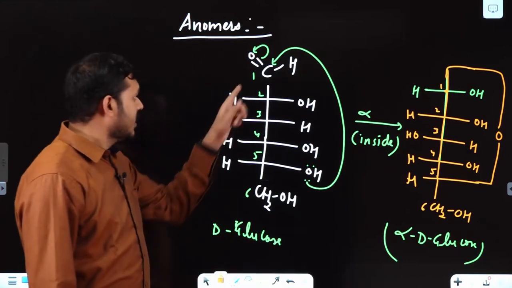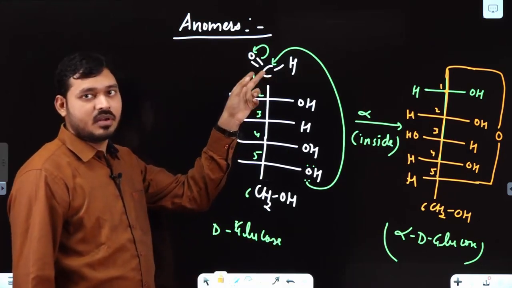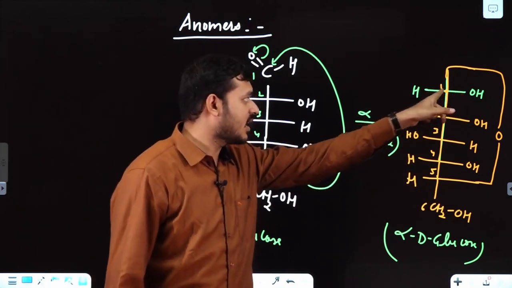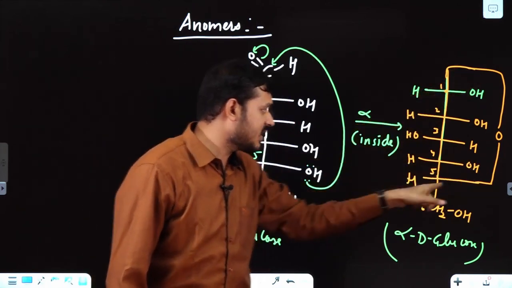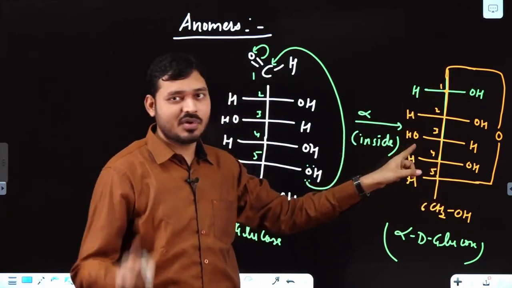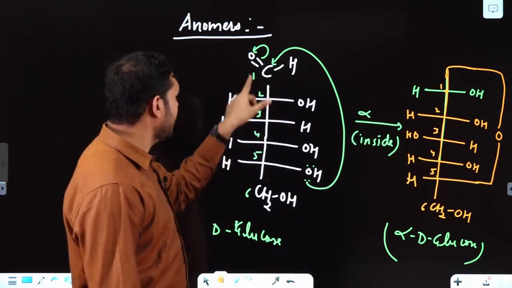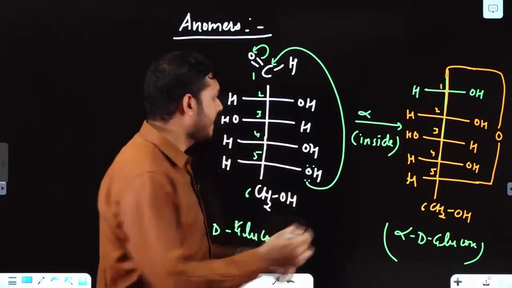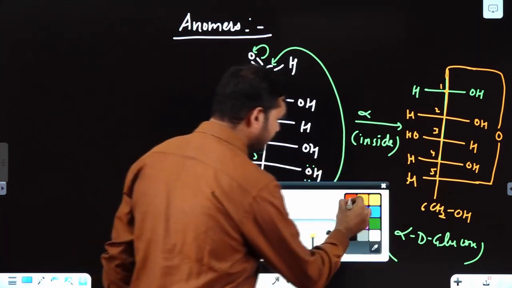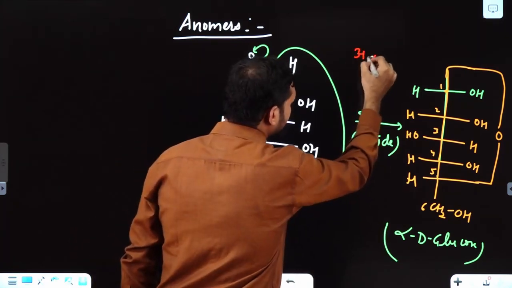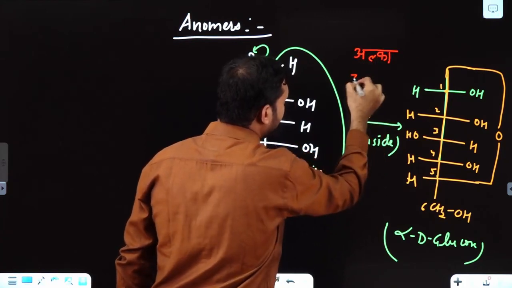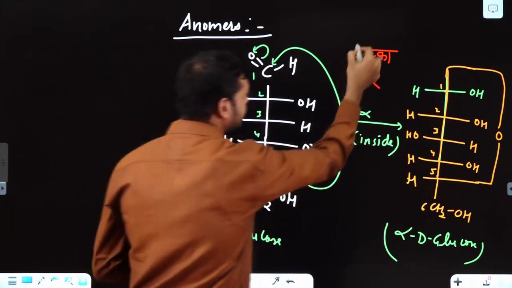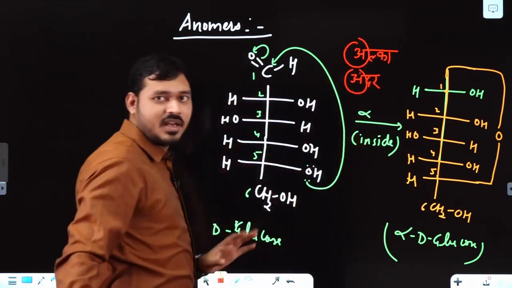Now you can see this first carbon was having the functional group. When it became a cyclic structure, that functional group carbon became the chiral center having H, OH, and this oxygen. Now when we made this OH inside, alpha, in simple Hindi terms to recall, you can say alpha is under, the inside part. Clear?